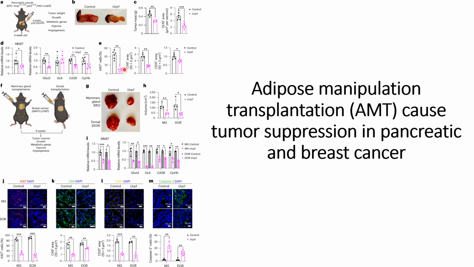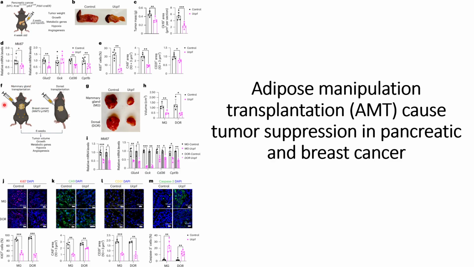The hypoxia marker CA9 and the angiogenesis marker CD31 also go down, as expected, because these are related to tumor progression. So for pancreatic cancer cells, they see the expected result, except for GCK, showing that when adipose with high nutrient consumption is transplanted near the pancreatic tumor cells, it will suppress the pancreatic tumor's growth.